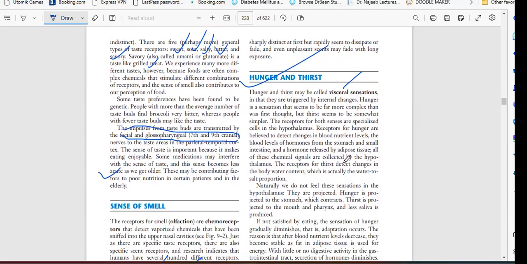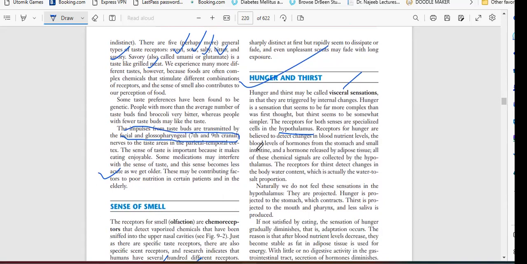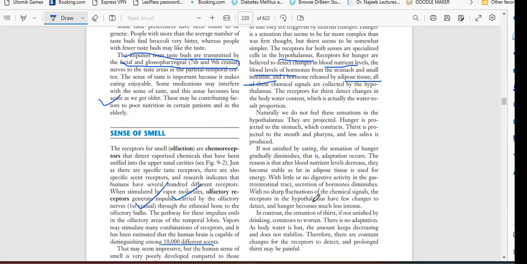The receptors for these senses are specialized cells in the hypothalamus. Receptors for hunger are believed to detect changes in blood nutrient levels, the blood levels of the hormones from the stomach and small intestine, and hormones released by adipose tissue. All of these chemical signs are collected by the hypothalamus. The receptors for thirst detect changes in the body water content, which is actually the water to salt proportion.